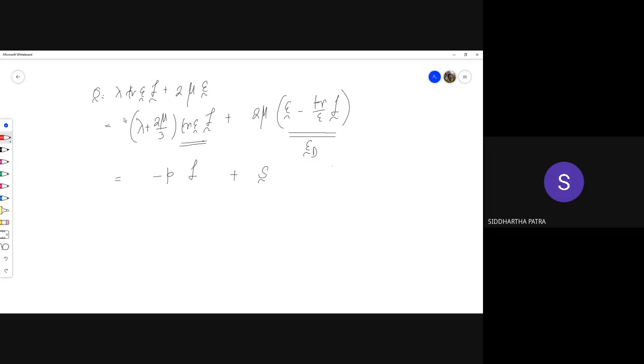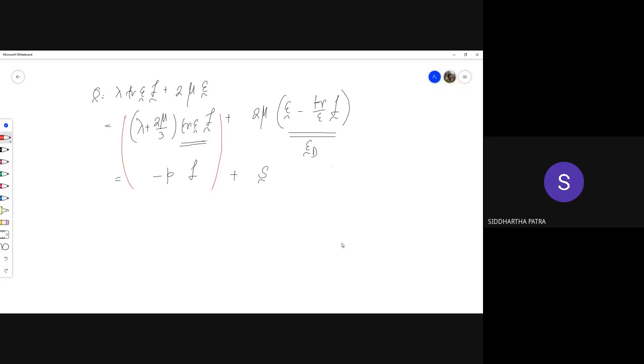So what we are doing here is decomposing stress into a hydrostatic part and a deviatoric part in both expressions. Now one can show that the hydrostatic and the deviatoric parts are orthogonal to one another, so the representation is unique.